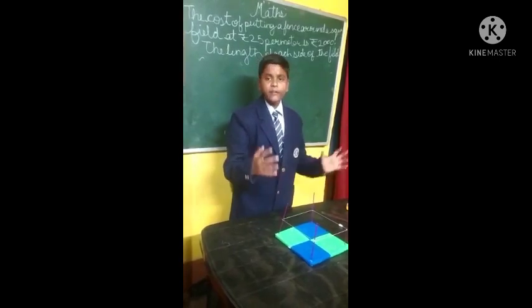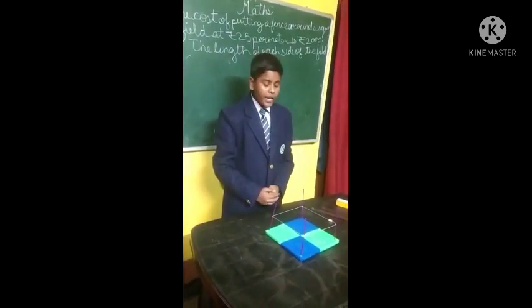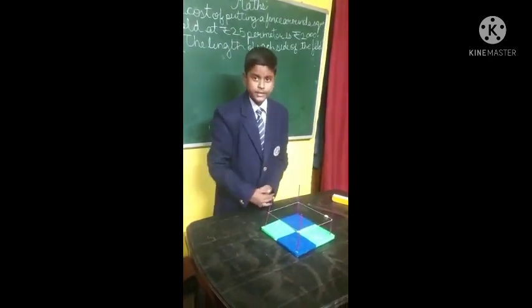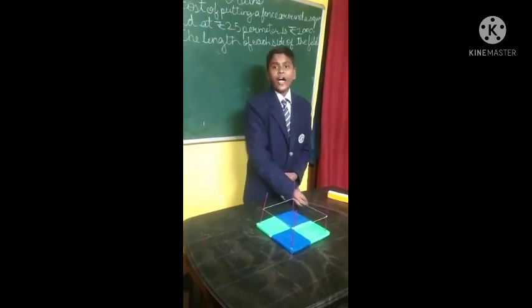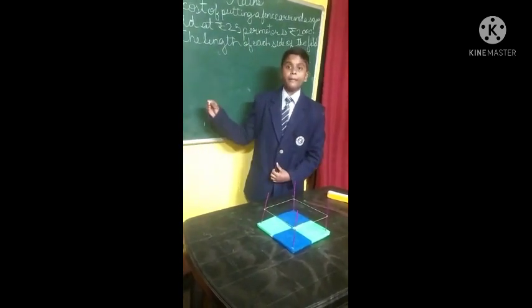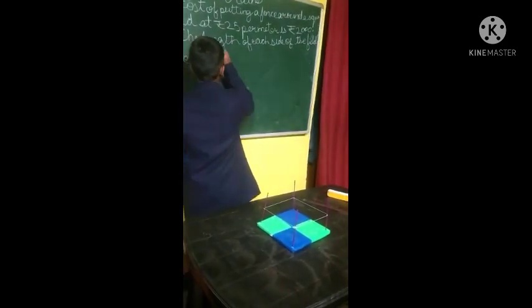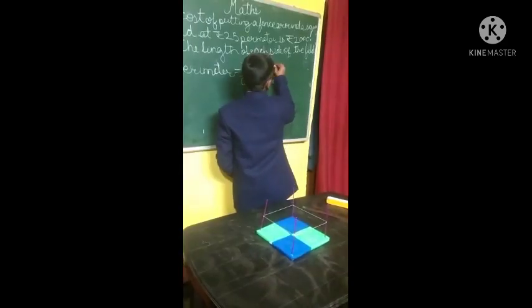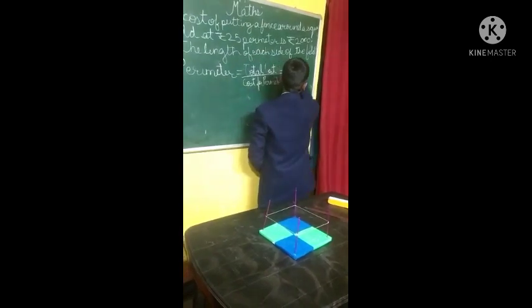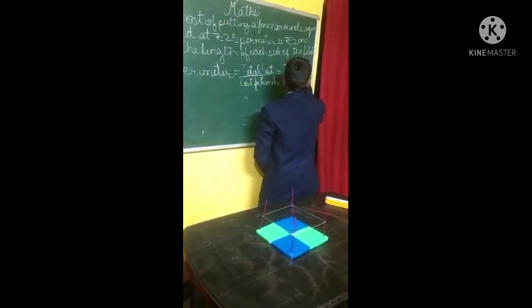The question I have made a model. The question means how much wire is needed for fencing a square. First we have to find the perimeter. The perimeter formula is equal to ₹2000 divided by ₹25.